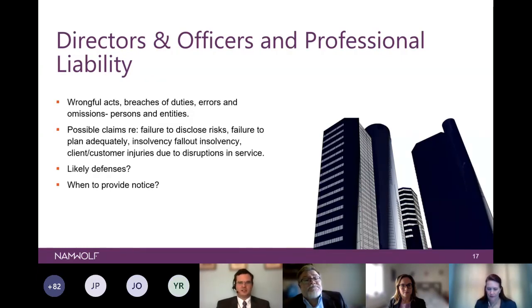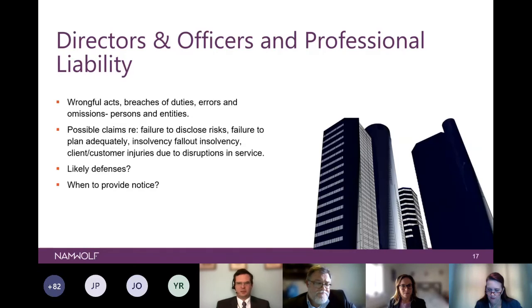But you're likely to see securities claims. Say a CEO goes on NBC Nightly News and announces that his company has developed a cure for coronavirus. The next day, their stock jumps 300%, and then a week later it turns out that wasn't true, and a bunch of lawsuits get filed. That CEO may be looking for coverage under his D&O policy.